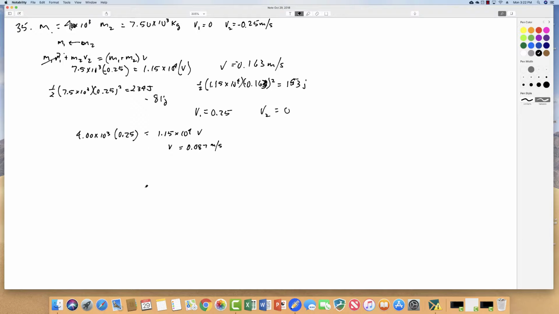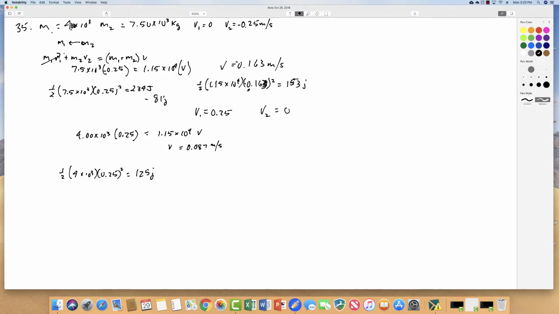Now it wants you to calculate again the loss in kinetic energy. So you have 1/2 times 4 times 10 to the 3rd times 0.25 squared. And that's going to give you a kinetic energy of 125 joules.